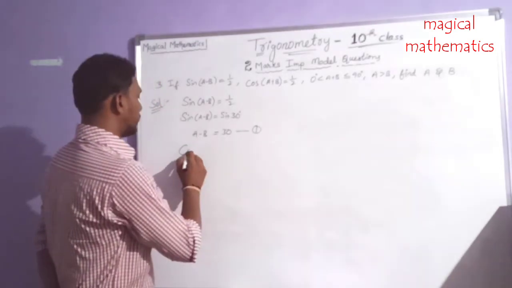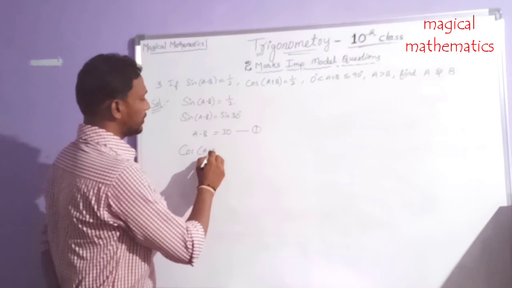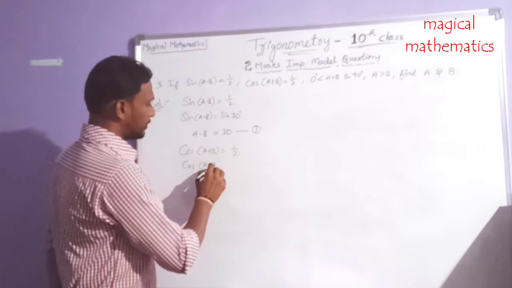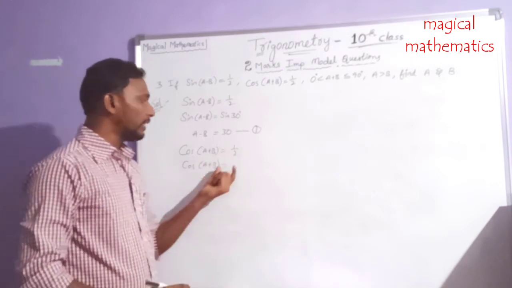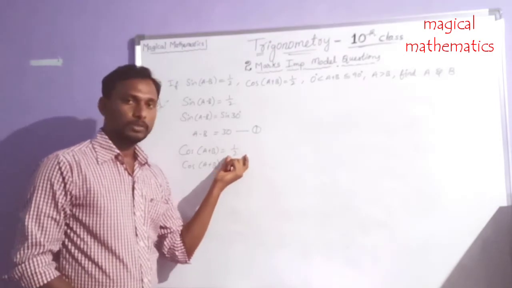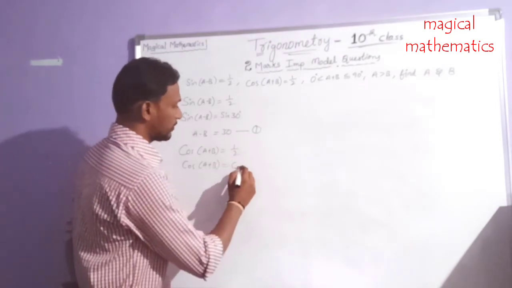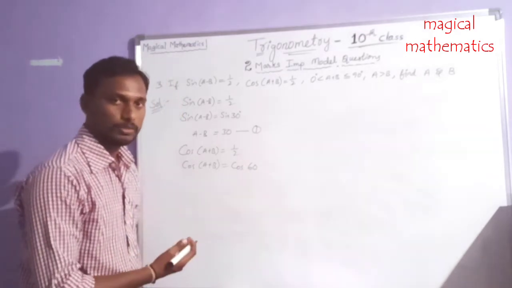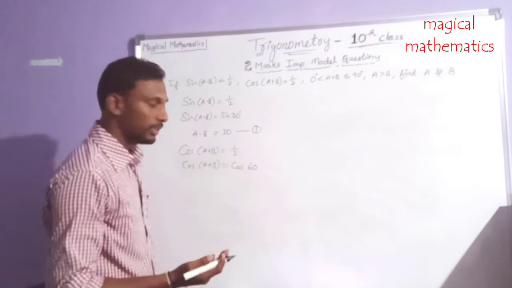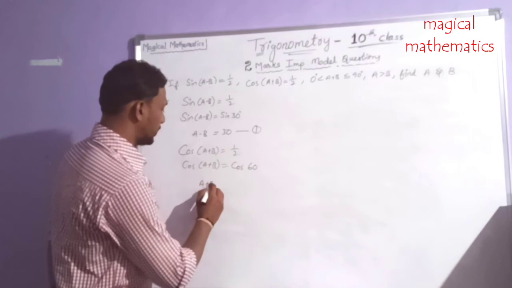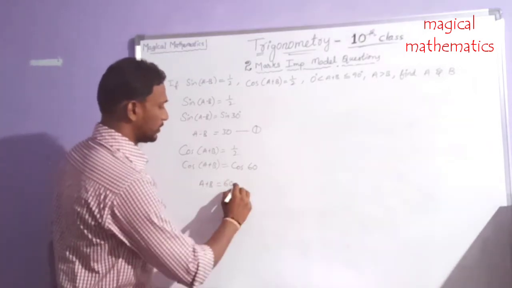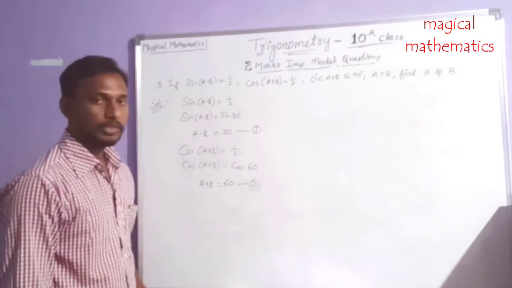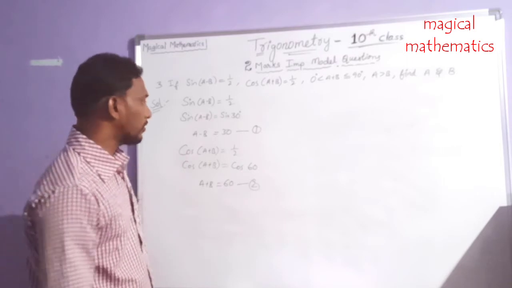Next take the second one, cos of A plus B is equal to 1 by 2. At what angle will the cos value be 1 by 2? Cos 60 only. So again LHS and RHS both have the same trigonometric ratio, so we can equate the angles. So A plus B will be 60; consider it as the second equation. By solving these two equations we can get the A and B values.